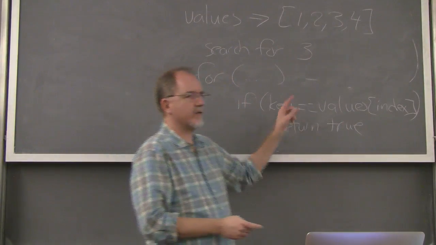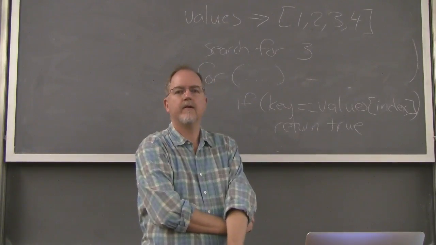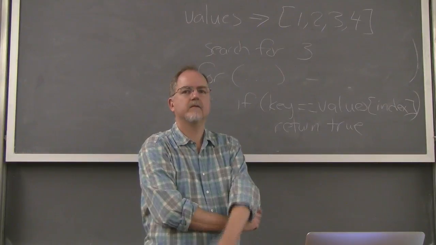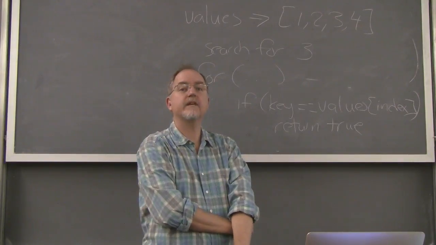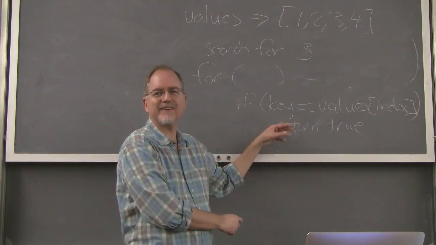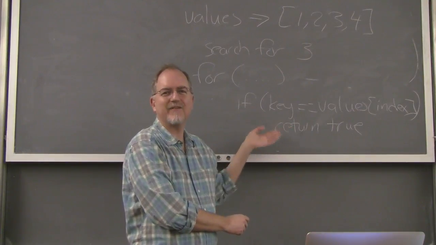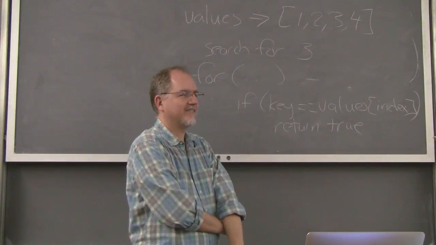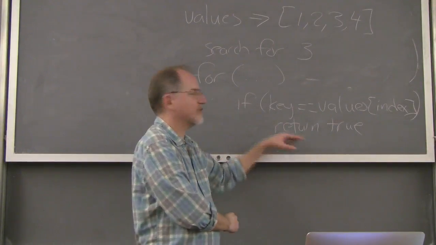If it's not equal to 3, what do I want to do? Someone raise your hand. It's not? What's that? Okay. There's nothing else I really want to do in here, so I could continue, but I don't have any more statements in my loop, basically. I think you probably meant continue looping. Oh, continue looping? Yeah.